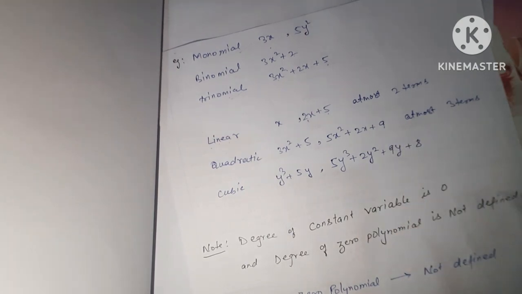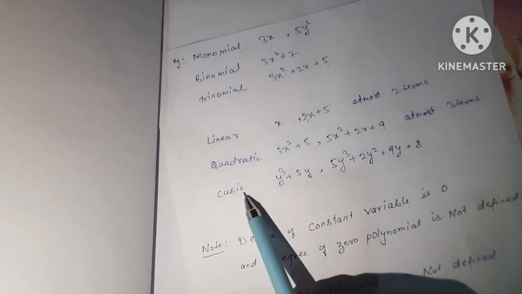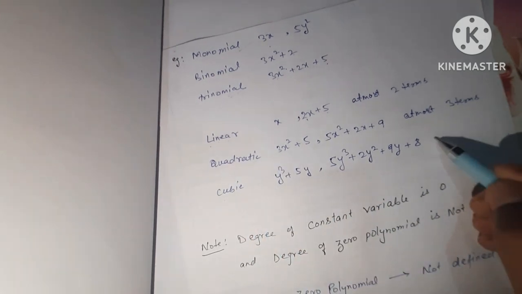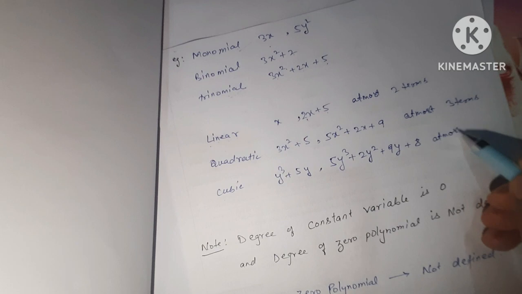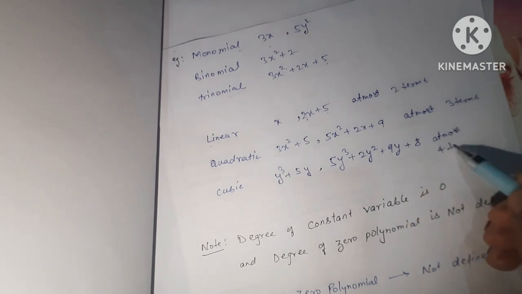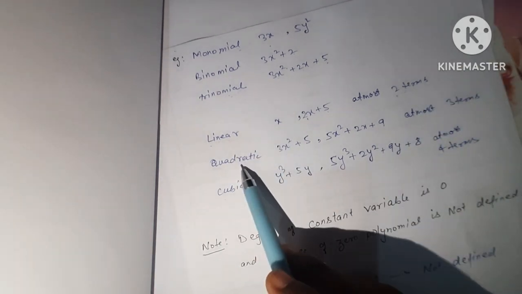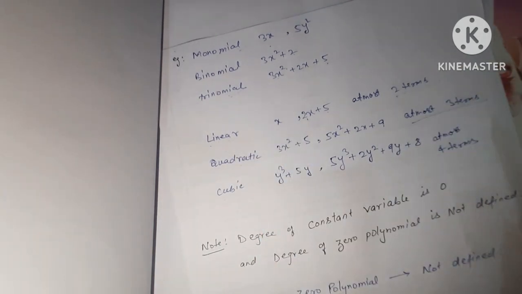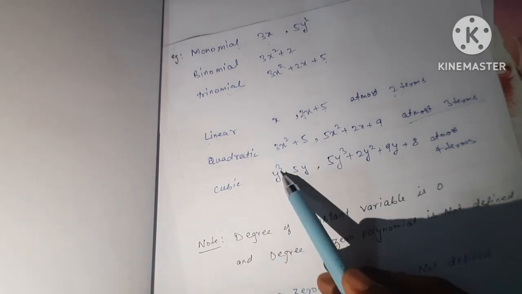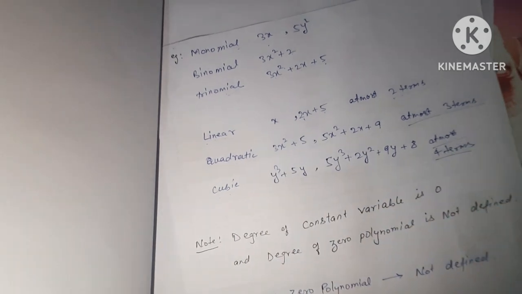Suppose there is a polynomial. So in a cubic polynomial, at most there are 4 terms. In linear, at most 2 terms. In a quadratic polynomial, at most 3 terms. In a cubic polynomial, the degree is 3 and at most 4 terms are there.